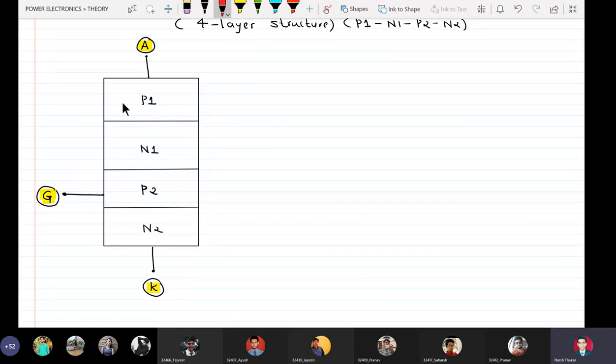This is my PNP transistor and this is my NPN transistor. Let me use different colors. So PNP is P1, N1 and P2, and this NPN transistor is N, P and N. Let us redraw.